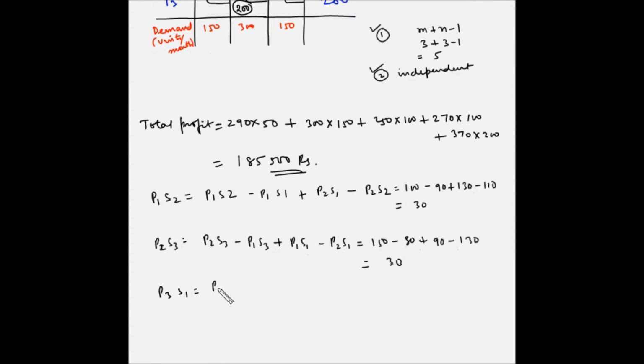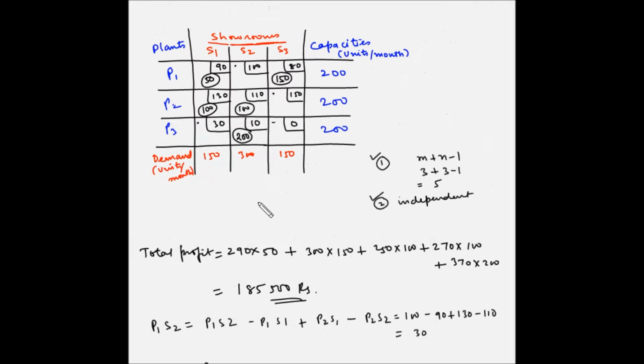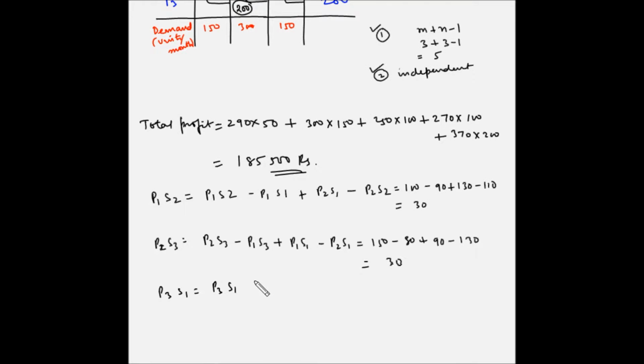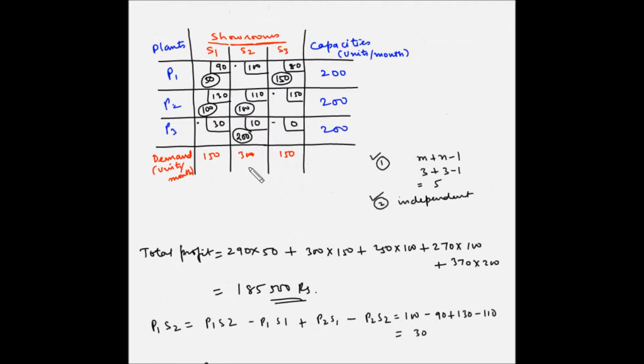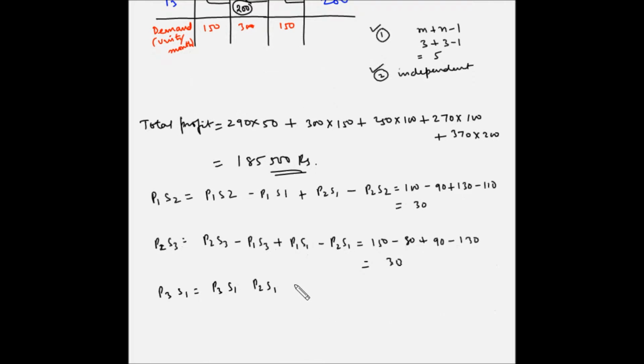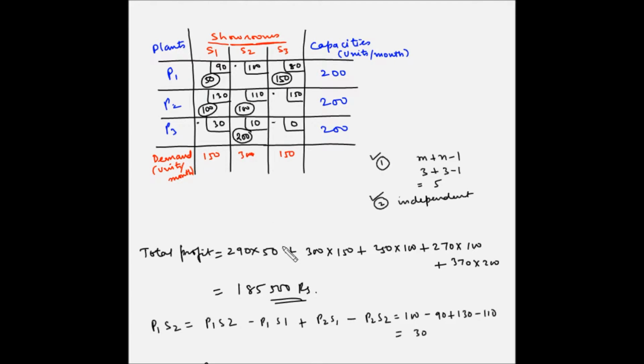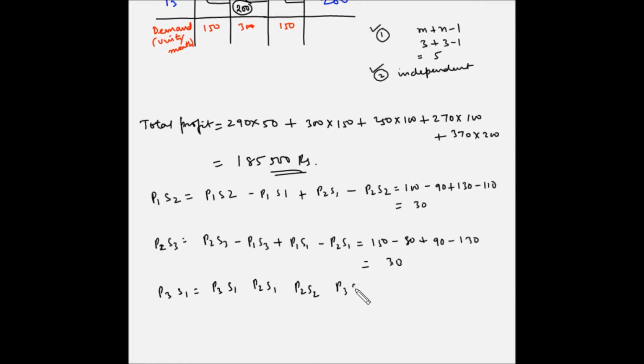So P3S1 to P2S1 to P2S2 to P3S2 and then back to P3S1, assigning alternate plus minus, so plus minus plus minus, and then assigning the cost.